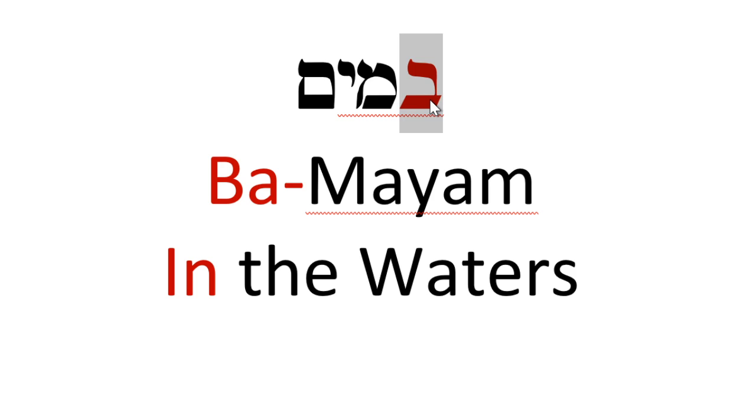We know that this prefix ba can be translated as in, on, with, or by, but in this case, we're going to translate this as in the waters. And again, we're going to try to show you a scriptural example as well.